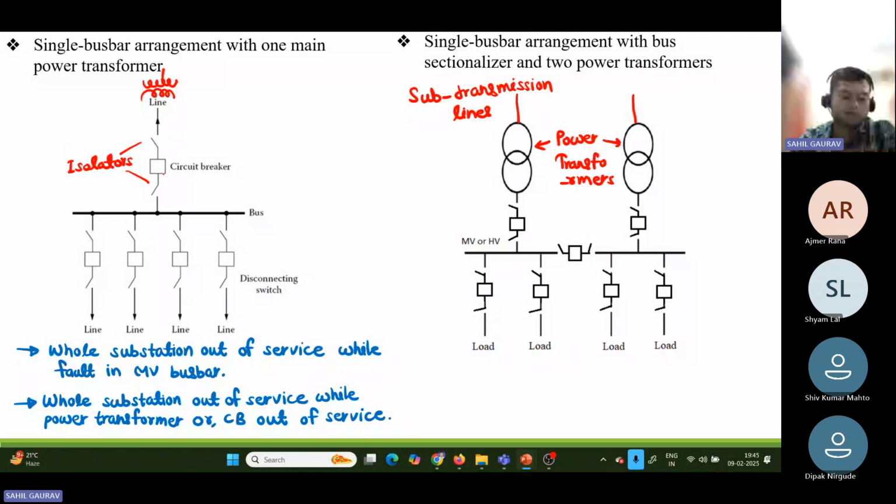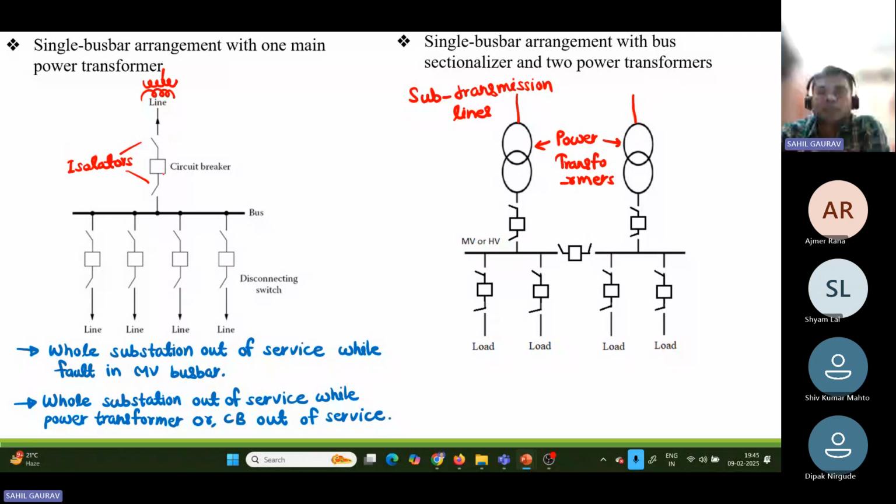The maintenance for outdoor substation is more, while it is less for indoor substation, because the outdoor substation is more prone to faults. In the outdoor substation, more faults happen due to nature or other reasons. That's why the maintenance cost is more for outdoor substation, while for indoor substation it is less. Fault location is easier in outdoor substation, while it is difficult in indoor substation, because all things are clearly visible in outdoor substation.